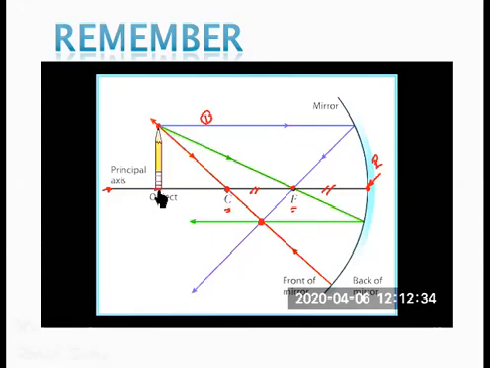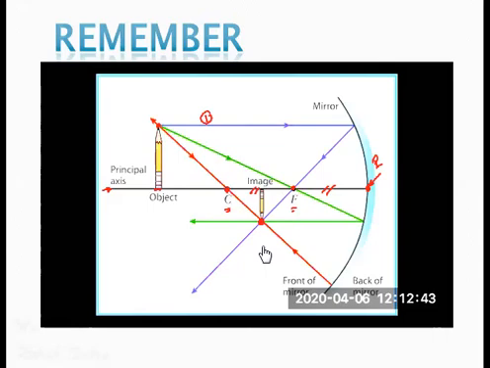Where is the image of the base of the pen or the object? It's here on the principal axis. Where is the image of the head? It's here where they meet each other. This is the image of the head. So it means we found the image.